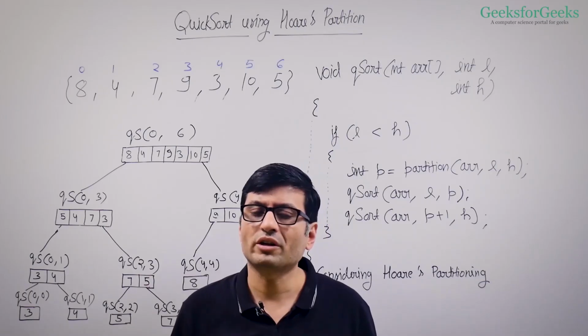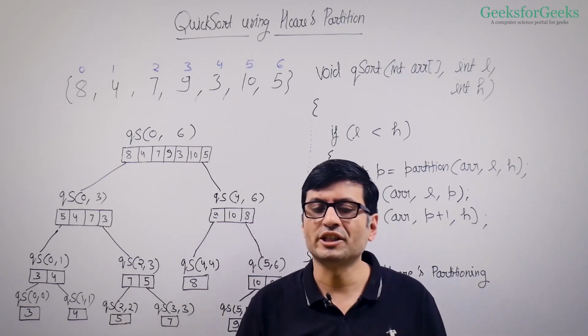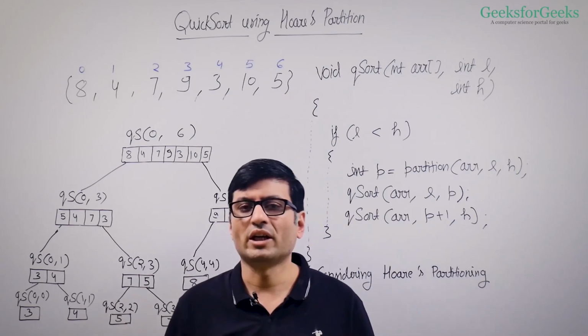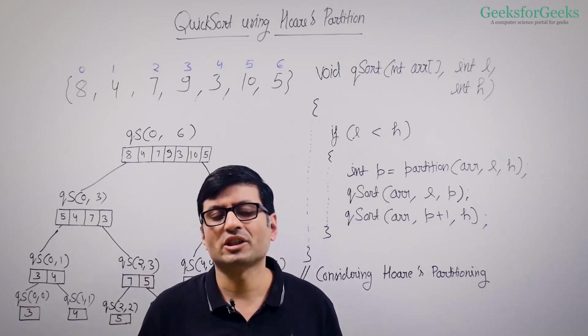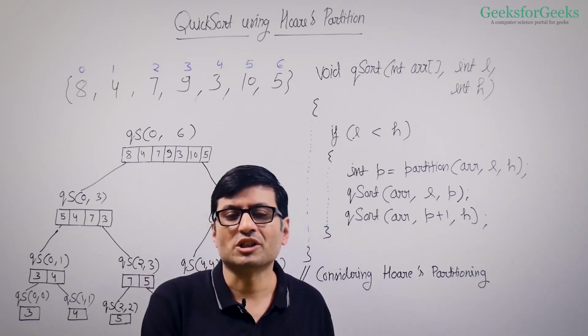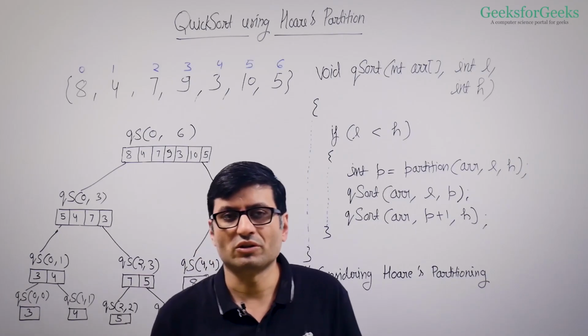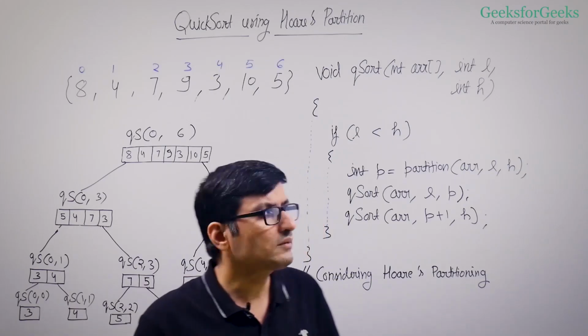So in QuickSort, your main function is the partition function that partitions the array around the pivot, and once the partitioning is done, you just have to recursively call the left part which is smaller or equal, and the right part which is greater or equal. That's all your QuickSort logic is.